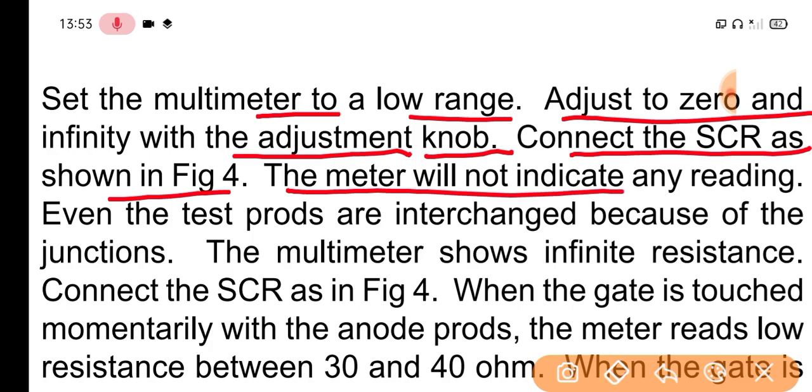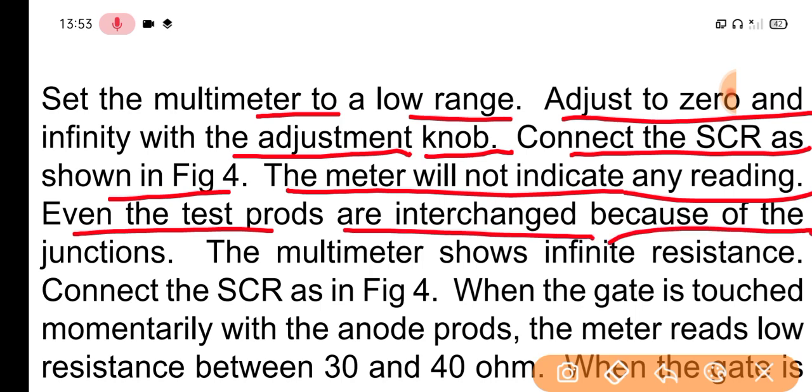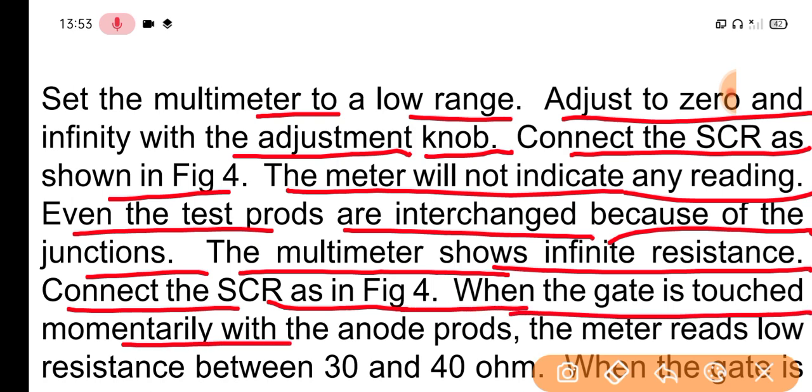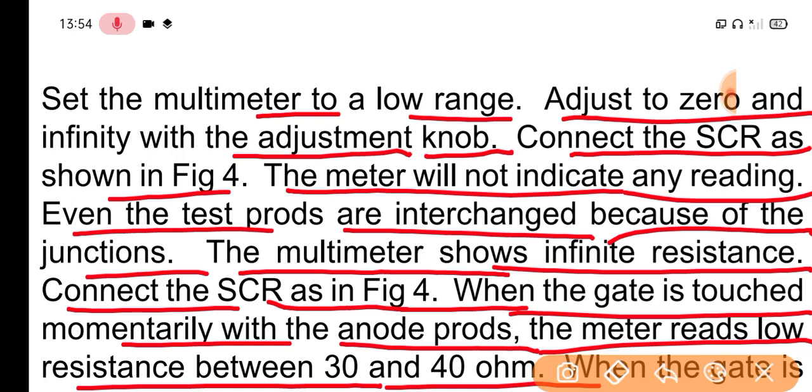The meter will not indicate any reading even if the test probes are interchanged, because of the junction, the multimeter shows infinity resistance. When the gate is touched momentarily with the anode probe, the meter reads low resistance between 30 and 40 ohms.